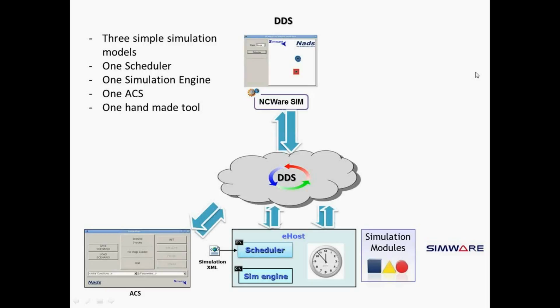On the other hand, we also have a client for viewing the squares, circles, and triangles moving. This client has been made by hand and is an example of code made by hand. Additionally, and this will be out of this tutorial, we have gateways that can be used for connecting with Mac or Pitch.